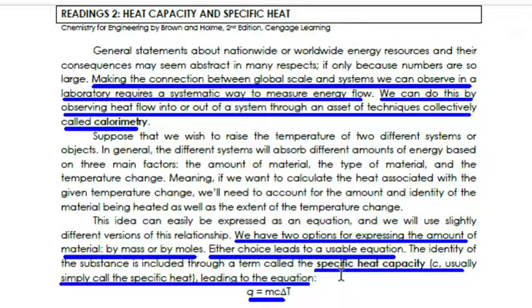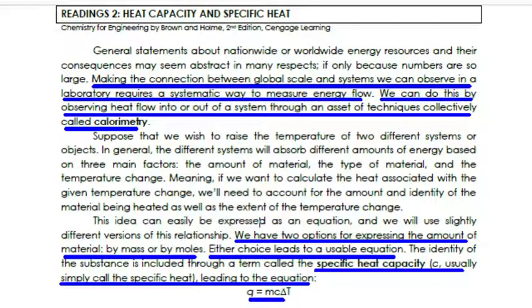So the first is specific heat capacity or the C, usually simply called the specific heat. This is by mass. If you are given a specific heat capacity, you will use the mass of the material. But molar heat capacity, as mentioned in the name, is a physical property that describes how much heat is required to raise the temperature of 1 mole of a substance by 1 degree Celsius.